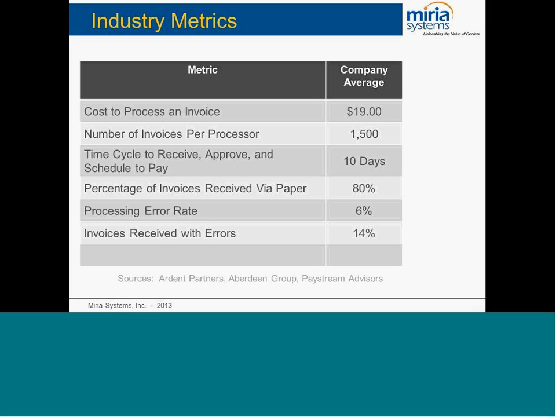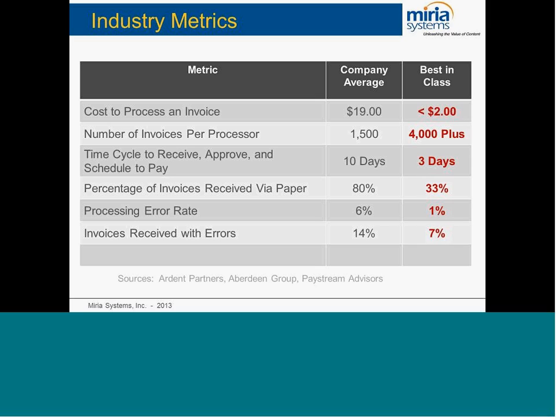If you take a look at it in terms of what's the impact of reducing the overall effort to manage and pay those invoices, the numbers you're trying to hit are really to get your invoice processing costs down to less than $2, increase the number of invoices that you're handling per processor, reduce your cycle time down to 3 days, and be able to take advantage of early payment discounts or dynamic discounting, and ensure that you have the best visibility in terms of your overall outgoing cash.